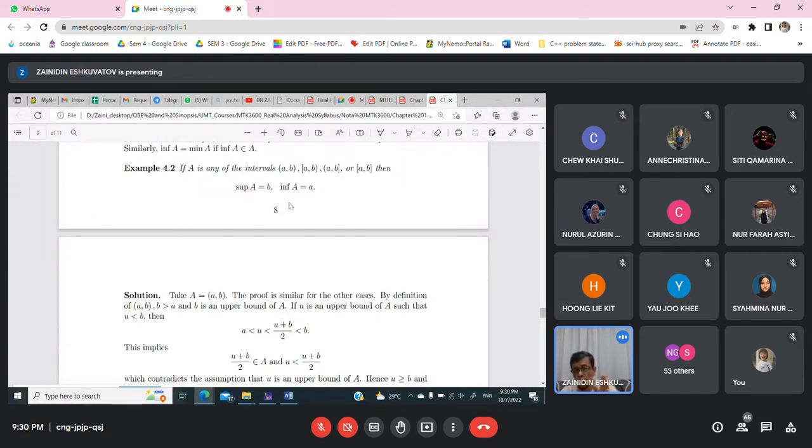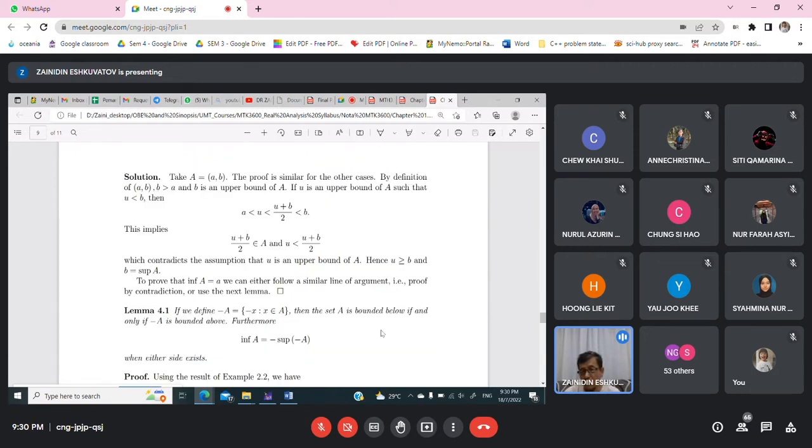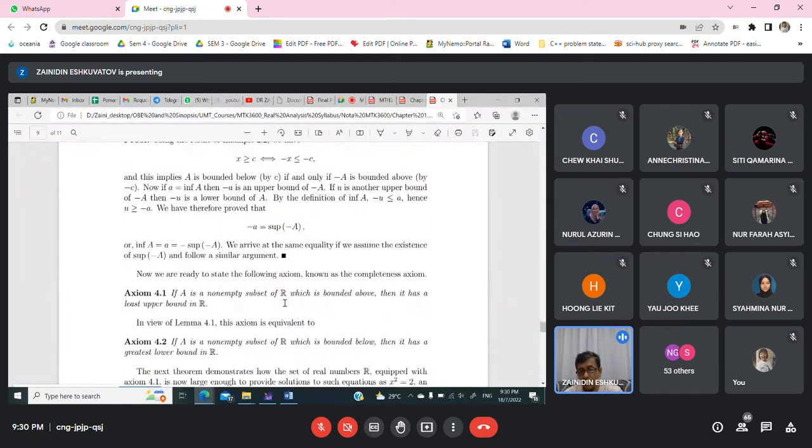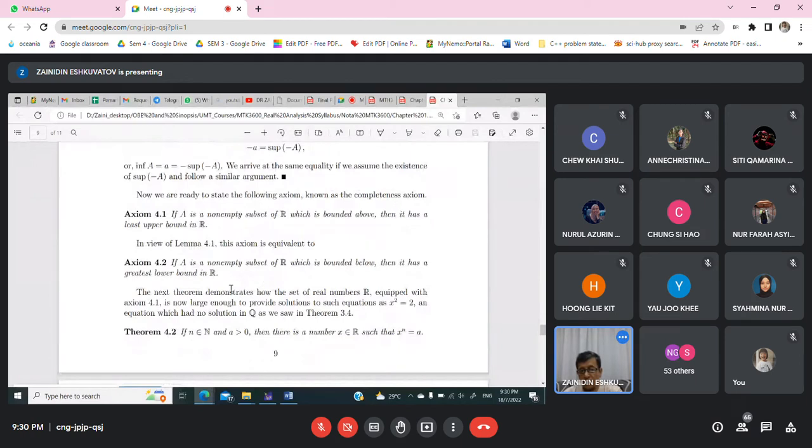You just use that the supremum of this type of interval is b, and for this type of interval the infimum is a. You just use this statement to solve another problem. Please properly learn this topic very well, how to find the supremum and infimum.